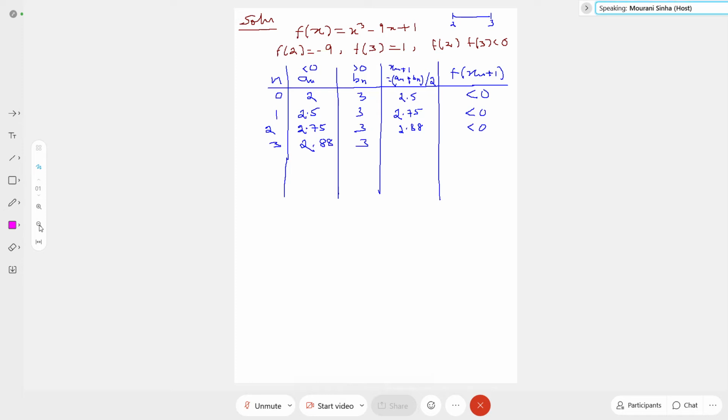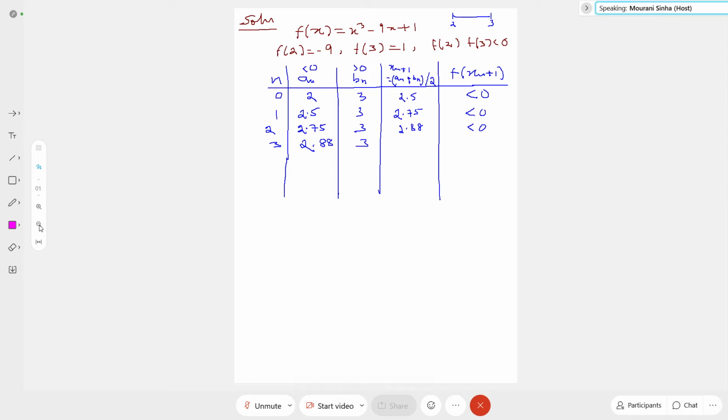Okay, so just check if you have understood till here. And if there is any question, please let me know. Have you got till the third iteration what we have done?